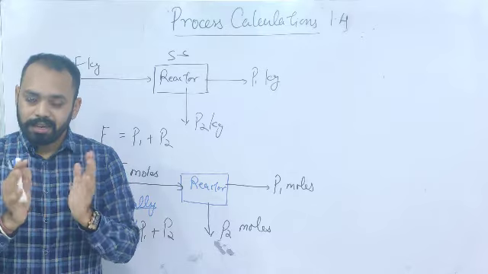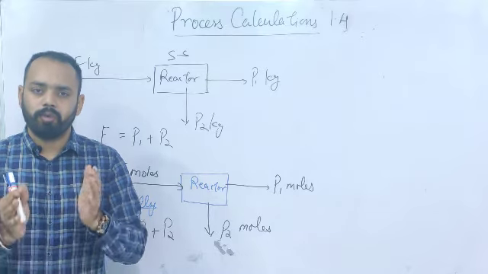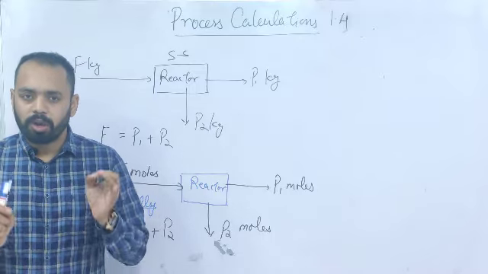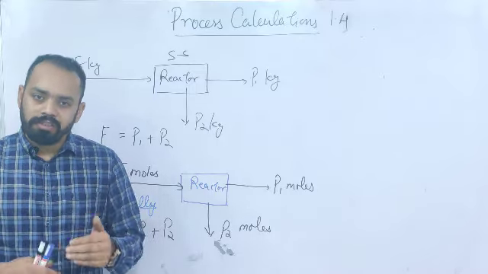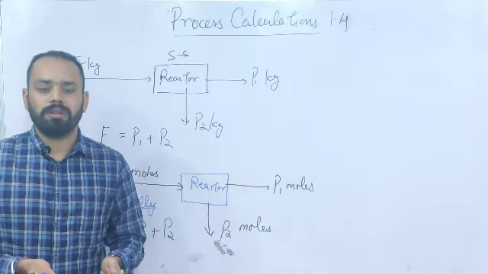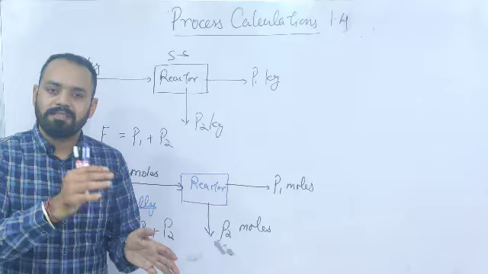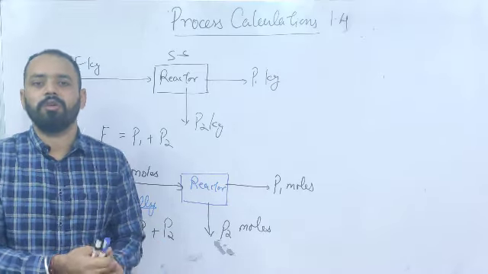Fine. So when there is a chemical reaction, we work in terms of moles, not in terms of mass, and we are always comfortable solving the problem in terms of moles. Even if you solve the problem in terms of mass, at some particular step you have to convert it into moles.